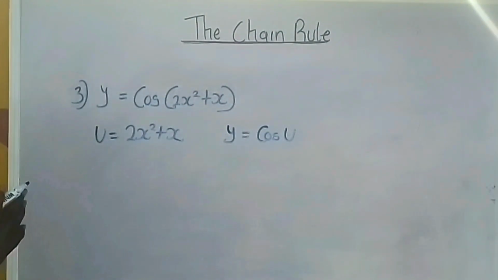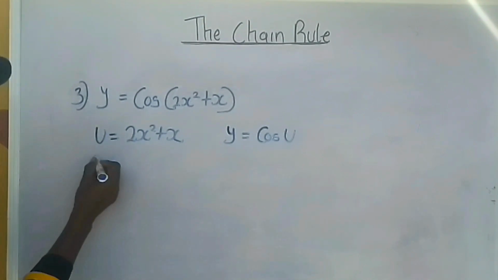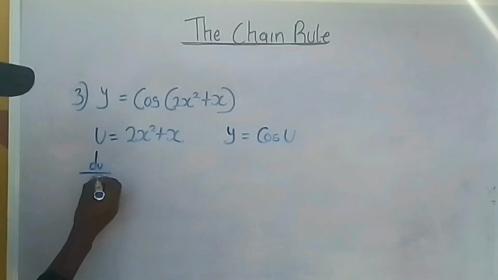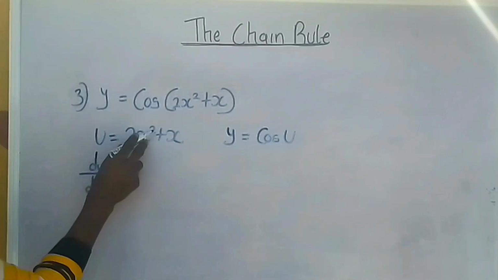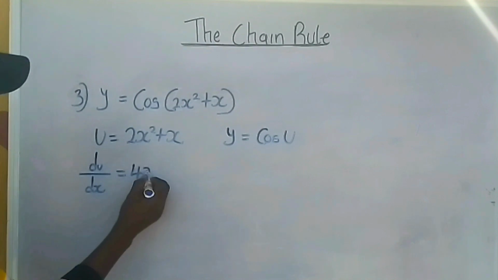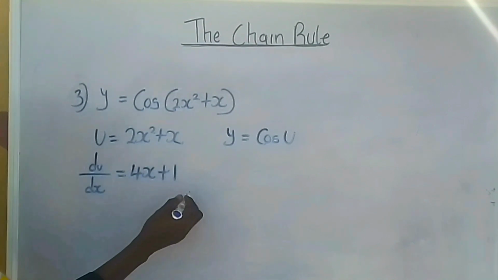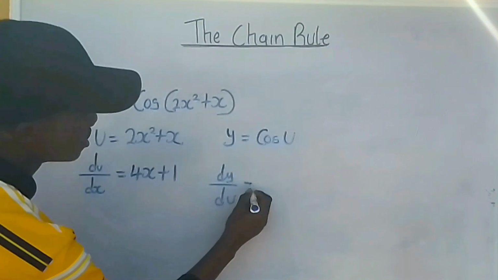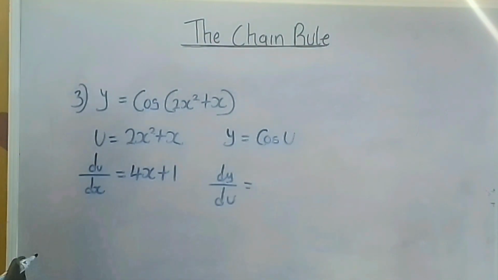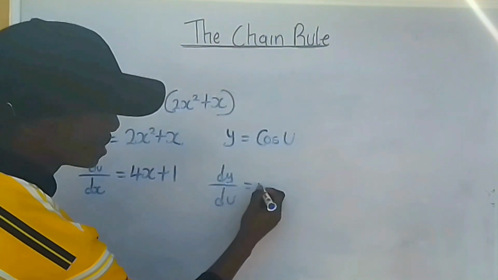The next thing is to differentiate the inner function and the outer function. Therefore, I'm going to have du/dx is equals to 4x plus 1. The dy/du is equals to, if you differentiate cos u, you are going to get minus sine u.